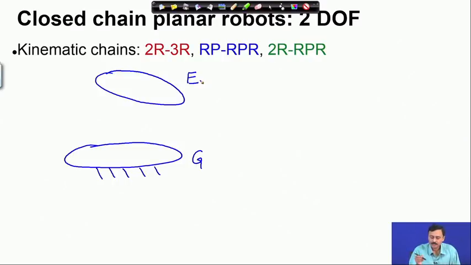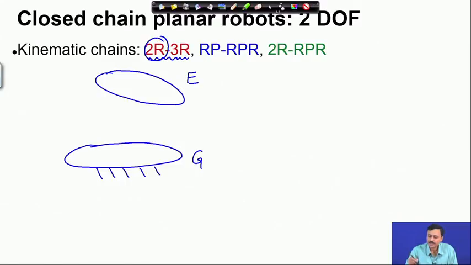Now, in this nomenclature, like 2R-3R, this 2R stands for one of the legs of this parallel manipulator.